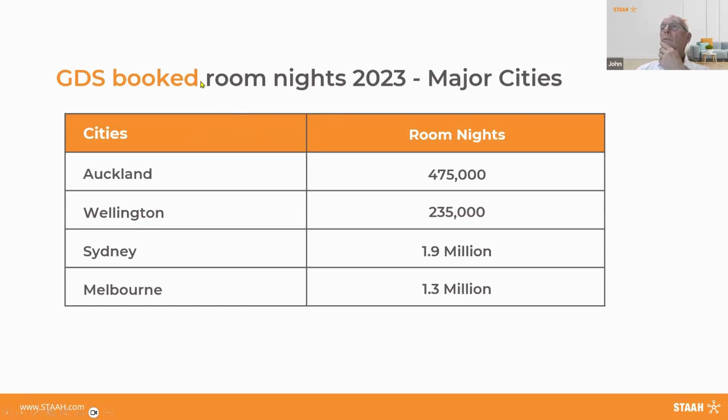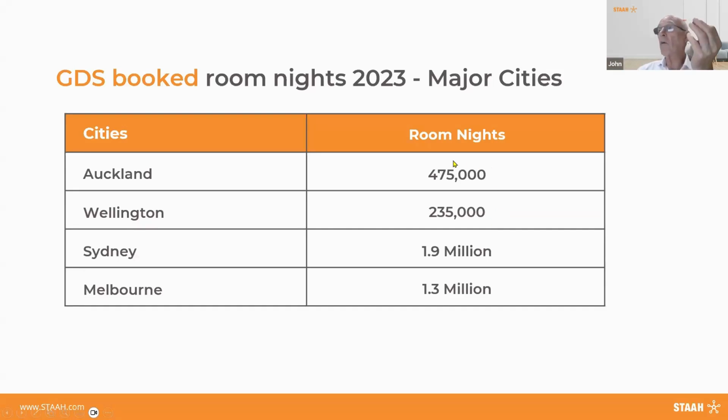Now, this is just a very small sample. This is room nights booked via the GDS by travel agents, and we just chose a sample of 4 major cities. Auckland had 475,000 room nights in 2023. Wellington in New Zealand, 235,000.